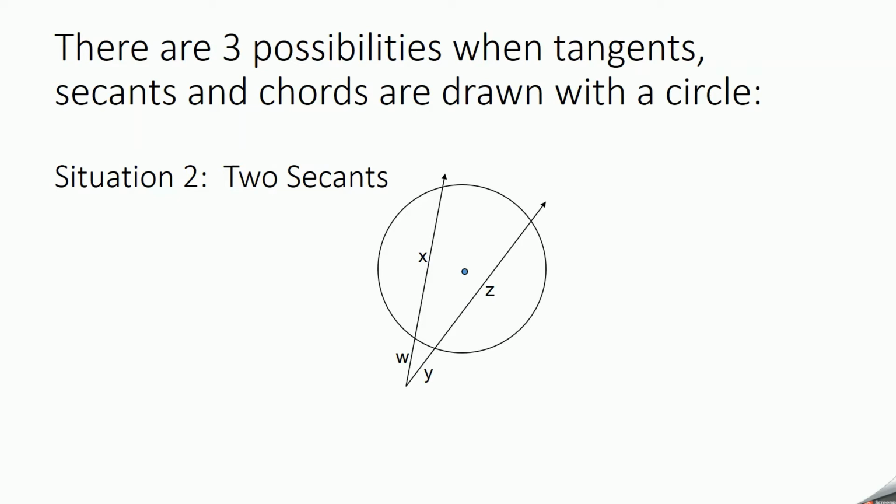So the formula in this picture would be W times W plus X equals Y times Y plus Z. The outside times the entire length of the line equals the outside times the entire length of the line. W and Y are the outside sections. W plus X is the entire section. Y plus Z is the entire section.